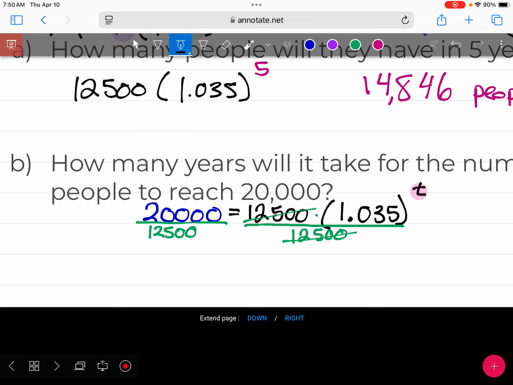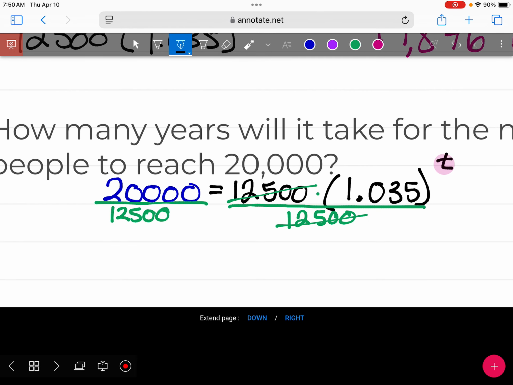That's going to give us 20,000 divided by 12,500, which gives us 1.6 equals our 1.035 to the t.